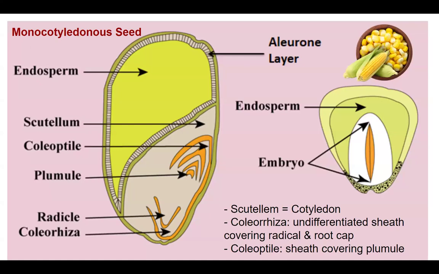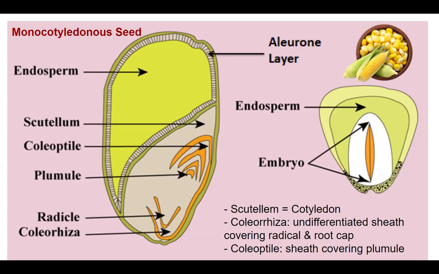Coming to the structure of monocotyledonous seeds, if you can see, there is an aleurone layer. Inside that is the endosperm. I told you this is an albuminous seed, hence only a part of the endosperm is utilized for the maturation of seeds, and the rest remains. In maize, the yellow part that you see is the endosperm, and the white part in the center is the embryo.